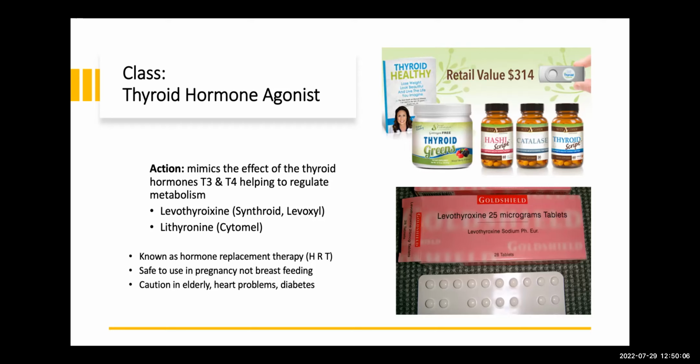This medicine mimics the effect of thyroid hormones T3 and T4, which help regulate metabolism, but not just metabolism. It also helps regulate temperature, weight, the bowels, because that's part of the metabolism, body temperature, blood pressure, pulse.